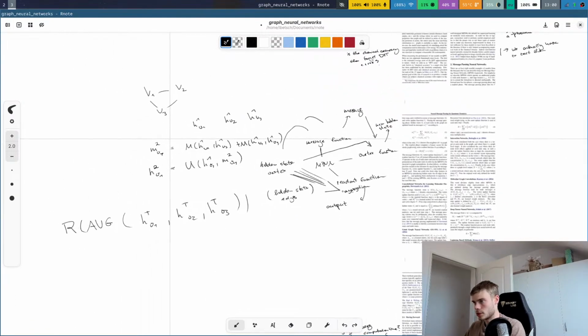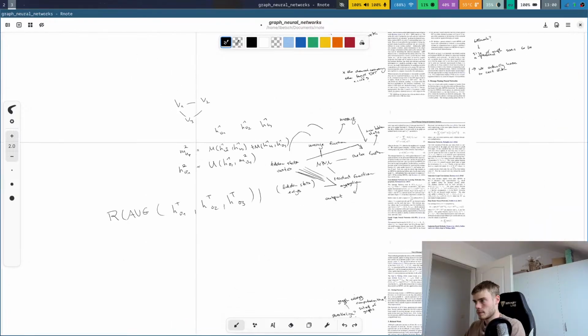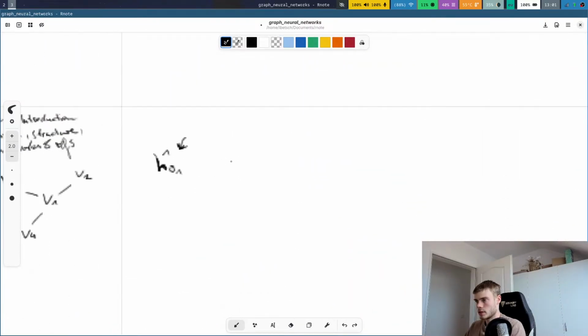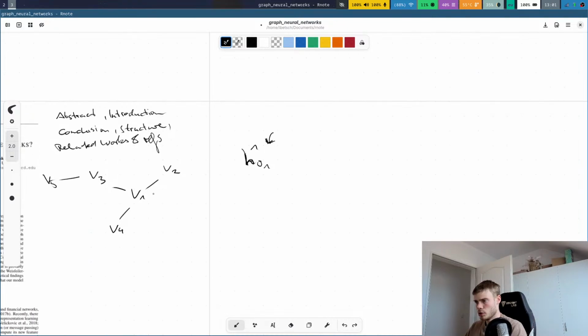The message function. It looks at all of the neighbors. All of the neighbors of V1 are V2, V3, and V4, and each of them has a hidden state, HV2, HV3, HV4.